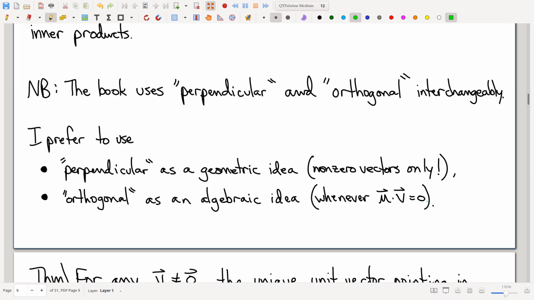Please call me out on it, absolutely, and I will call out myself as well when I catch myself. But I think it's valuable to make this distinction. After all, we don't need two words to represent one idea. We have two words, we have two important ideas. Let's pair them up and maintain that distinction.